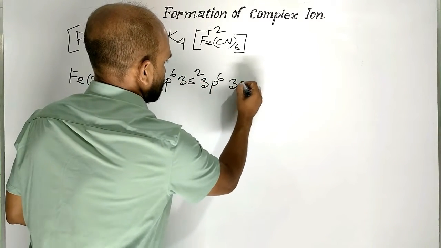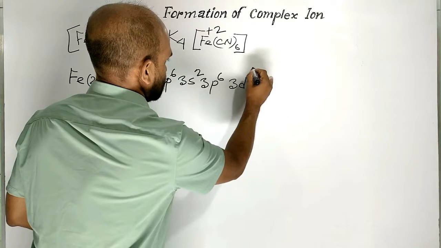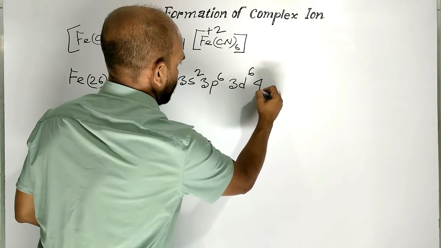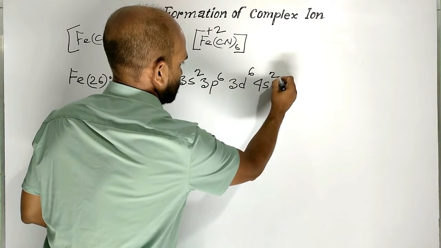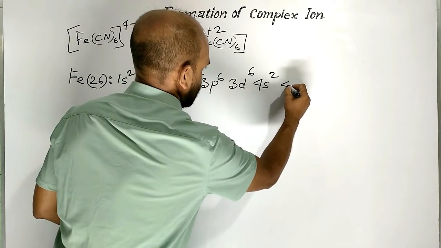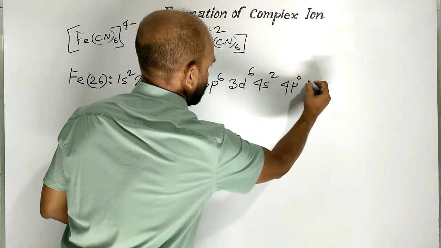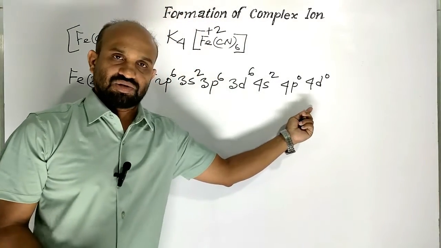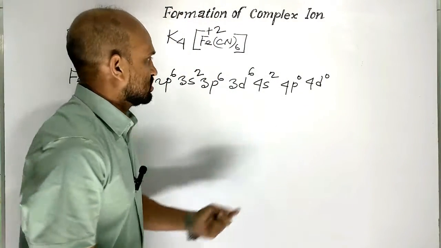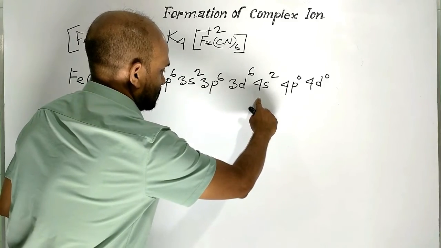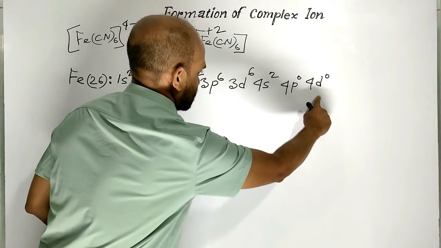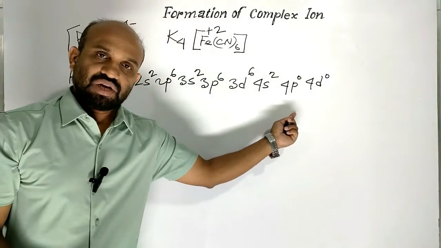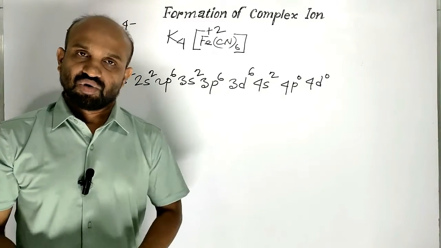Now 3d6, 4s2, then 4p0, 4d0 as well, because there are these subshells, but p and d subshells contain no electrons.